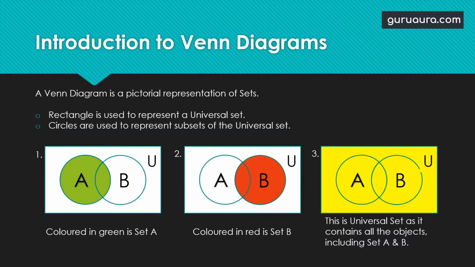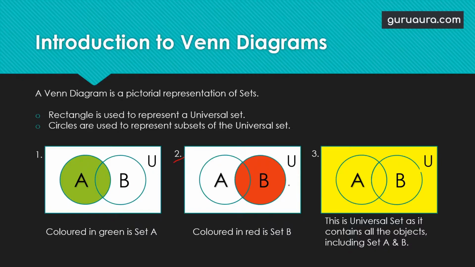Let's see what are Venn diagrams. Let's consider two sets A and B. In figure 1, circle A colored green represents set A, and all the elements which are inside the circle A are the members of set A. Now look at figure 2.